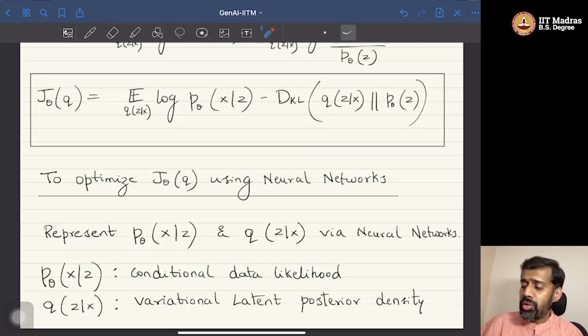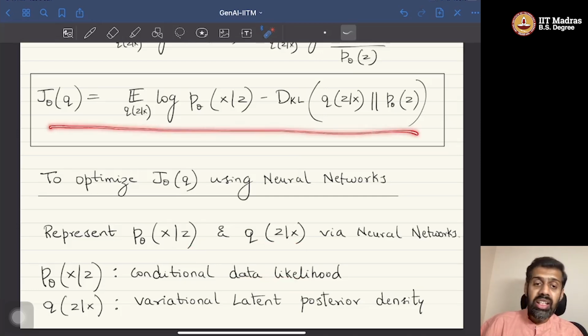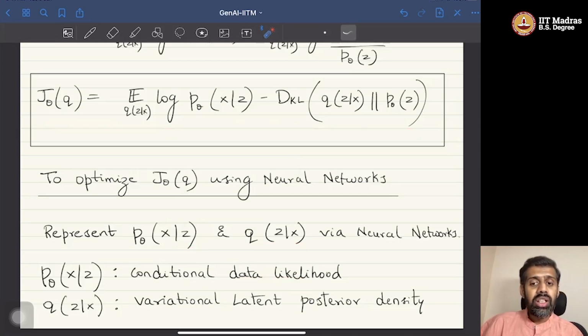So the basic idea, coming back to neural latent variable models, is to represent p theta of x given z, which is the conditional data likelihood, and q of z given x, which is the variational latent posterior that comes up in the evidence lower bound, using neural networks.